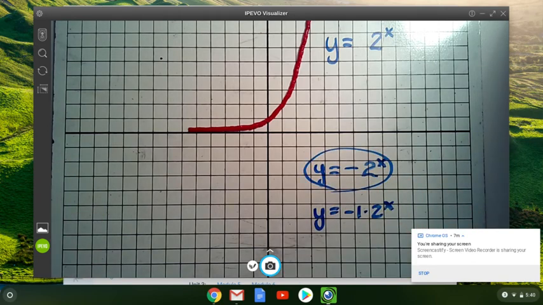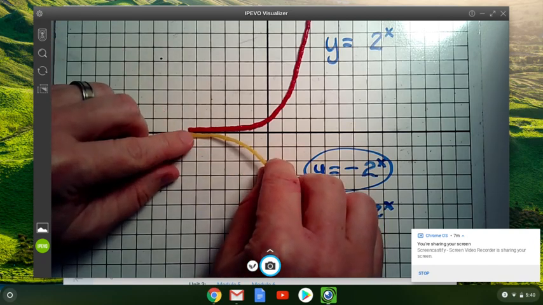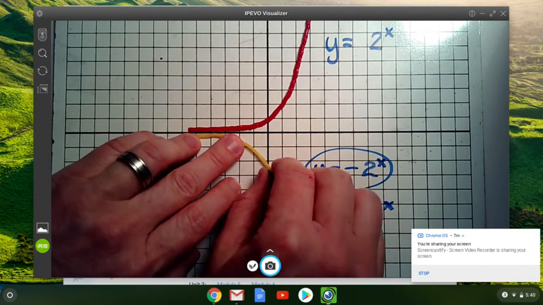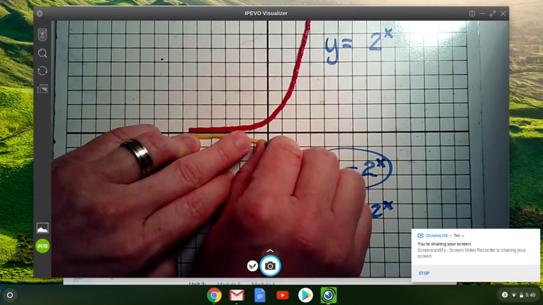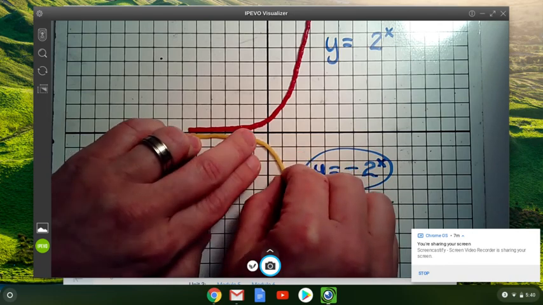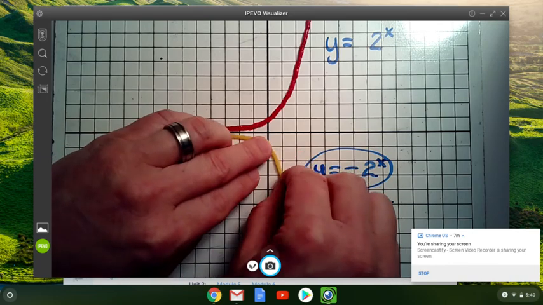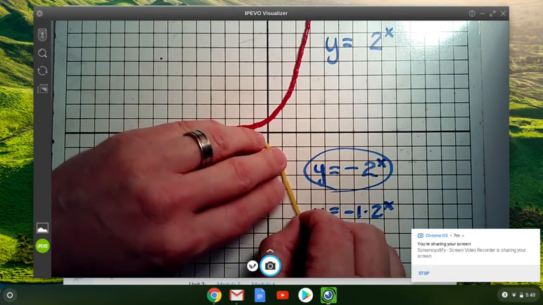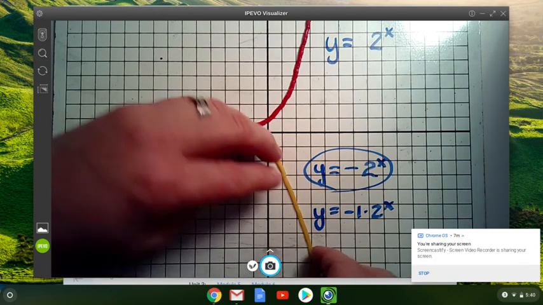So it should be the same graph, just flipped now. It's flipping over the x-axis because it's going from positive y values to negative y values, and it's going to change some things, but some things stay the same. The asymptote will stay the same.